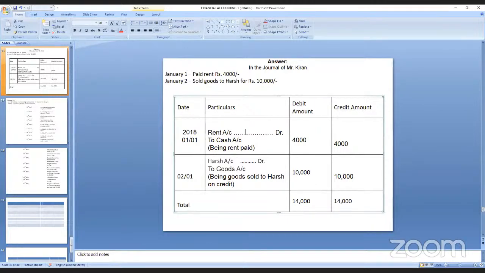He bought the goods but will pay the amount afterwards. That's why you have to write Harsh account Dr. To Goods account. Any doubts?